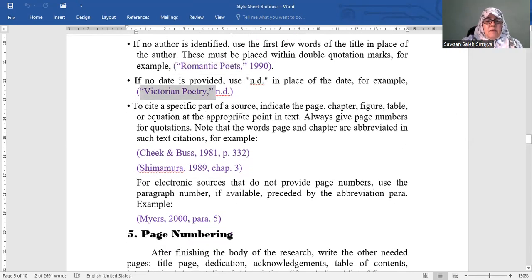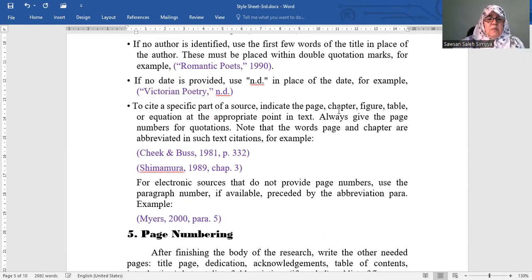To cite a specific part of a source, indicate the page, chapter, figure, table, or equation at the appropriate point in text. Of course, we don't have equations in literary texts. Always give the page numbers for quotations. Note that the words page and chapter are abbreviated in such citations.